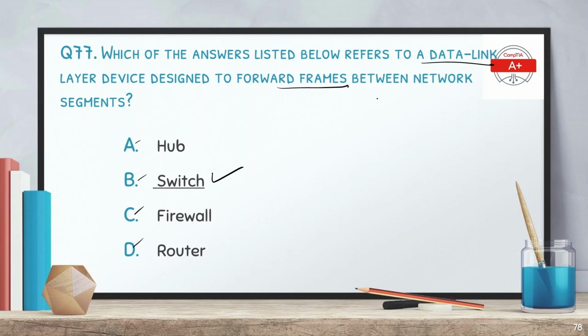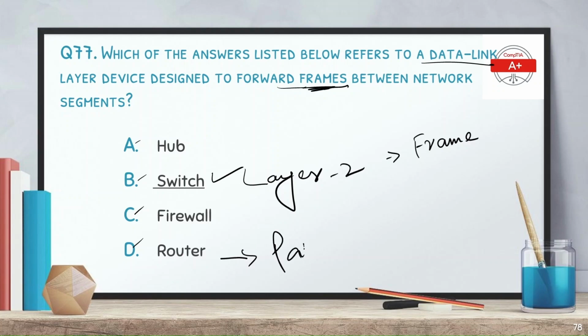So the switch is a data link, also known as layer 2, device. Here, another hint is that the data segment at layer 2 is known as a frame, while at layer 3, the data segment is known as a packet.